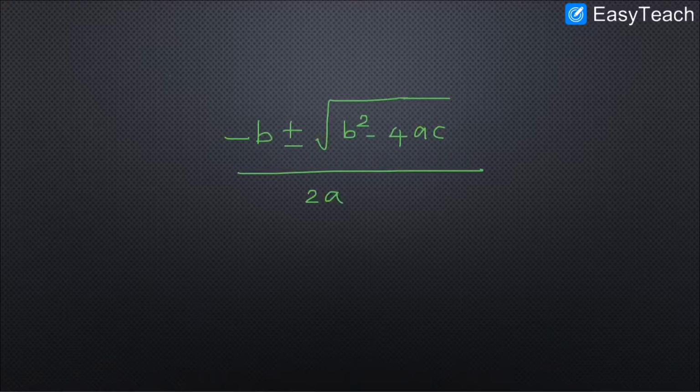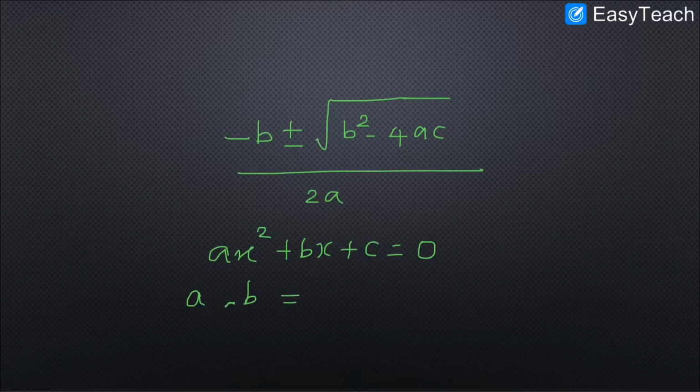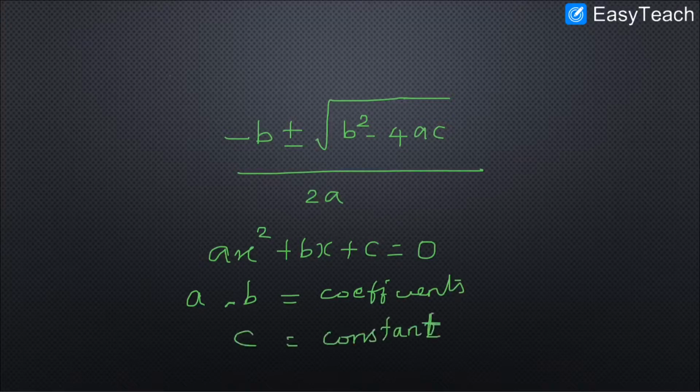So here we go, the formula is x equals minus b plus or minus the root of b square minus 4ac, whole divided by 2a. We all know that the standard format of the quadratic equation is ax square plus bx plus c equals 0, where a and b are coefficients and c is the constant.